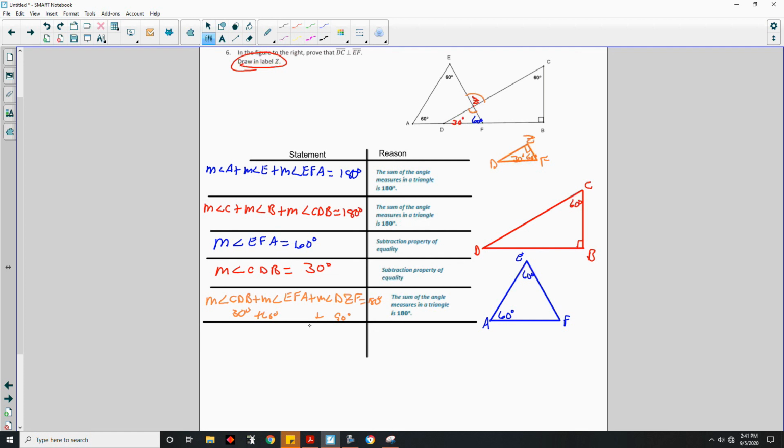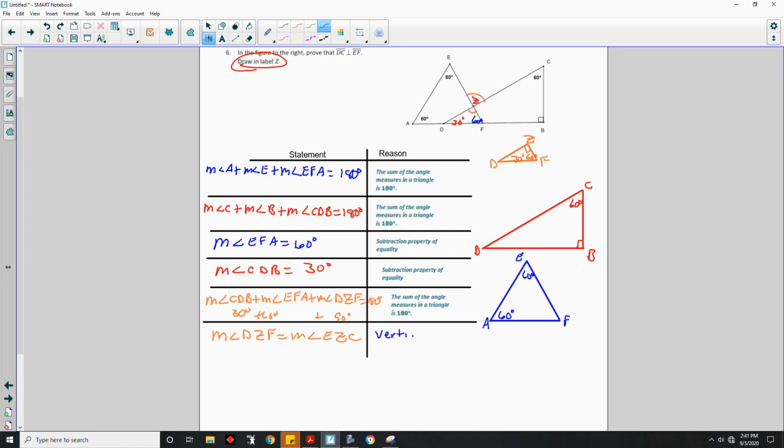So I know DZF is 90 degrees, and now I can say the measure of angle DZF equals the measure of angle EZC. Reason, let me just write it.